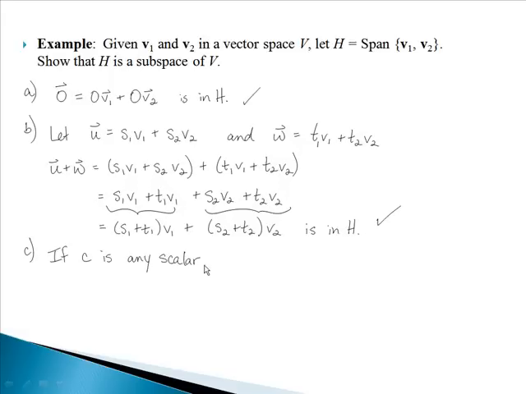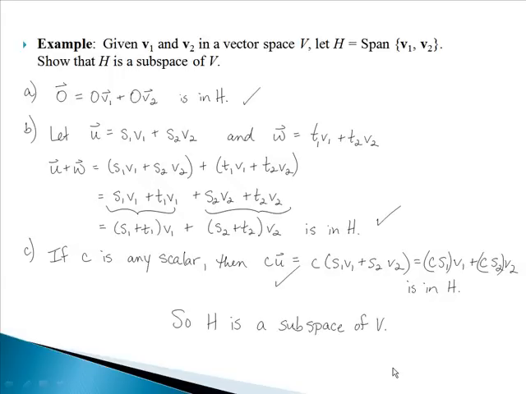So if C is any scalar, then when I multiply C times the vector u that I had in part B, I will have C times (s1 v1 plus s2 v2), and I know that I can basically distribute C. So I have C times s1 v1 plus C times s2 v2, and I can group my scalars together, and this is also in H. So then we've shown that it's closed under scalar multiplication.